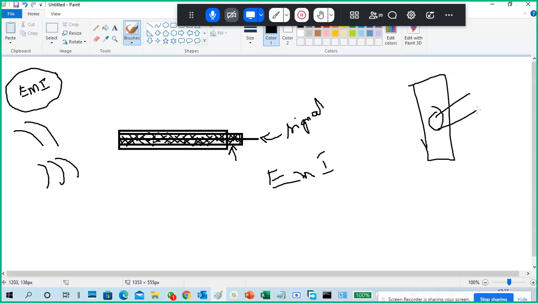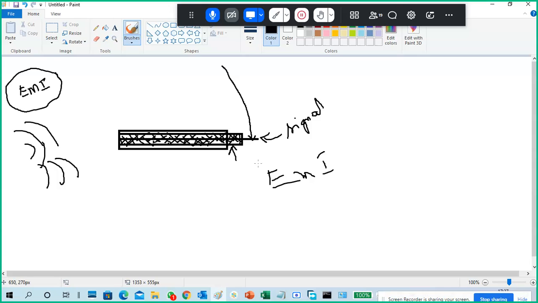That is also electromagnetic induction. So what happens if these magnetic waves or electrical waves touch this main wire is that it disturbs your signal. That is called crosstalk.